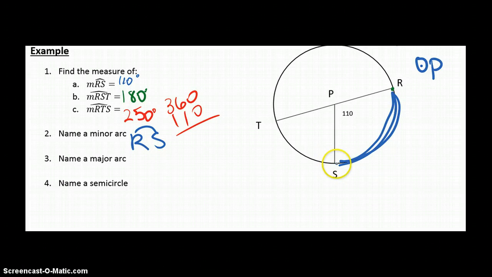So that is going to be from the endpoint S all the way over to the endpoint R. So my major arc could be S, T, R, because I'm going all the way from S through T over to R. And last, I need a semicircle, and that's going to be half of the circle. So I could call this RST.